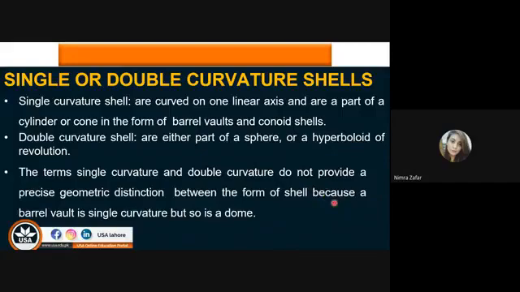Domes come in single curvature, but it is curved from all the sides. So if it is curved from all the sides, we will not say that it is double curvature. It is single curvature.